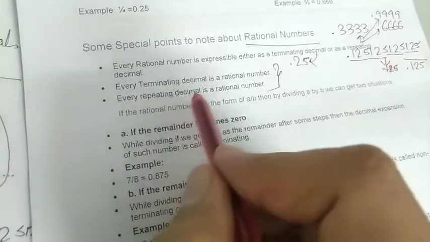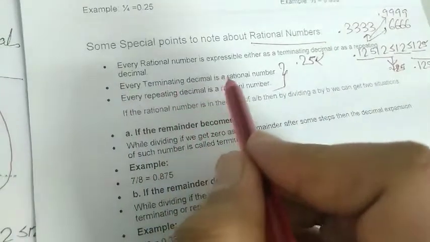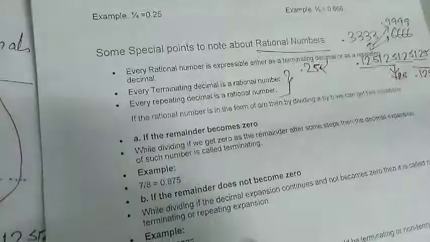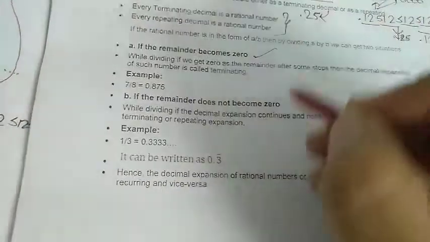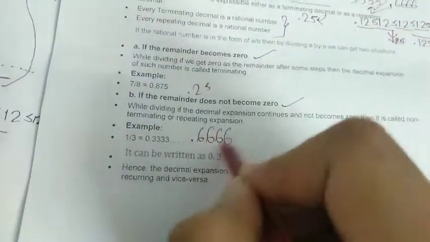Every repeating decimal is a rational number, every terminating decimal is a rational number. So we have read both the cases that I made for you, right? Here we took the example of 0.25, and here we took the example of 0.6666999999.